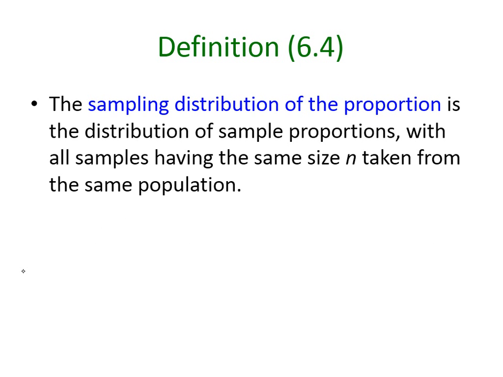The sampling distribution of the proportion is the distribution of sample proportions with all samples having the same size n taken from the same population. So if we go with the proportions, this one should work better.